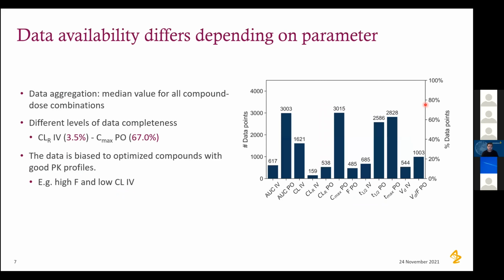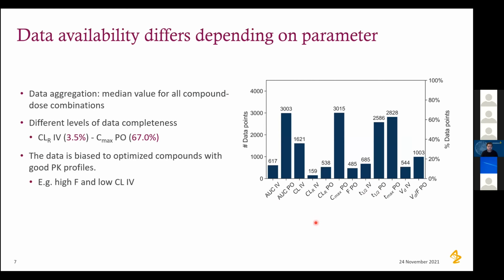But that's not really the full story, because not all endpoints have an equal amount of data, which is presented here in the graph to the right. I think we can see right away that these higher bars of around 3,000 data points are all oral administered endpoints, and that's not so surprising because oral drugs are more common than intravenous drugs.